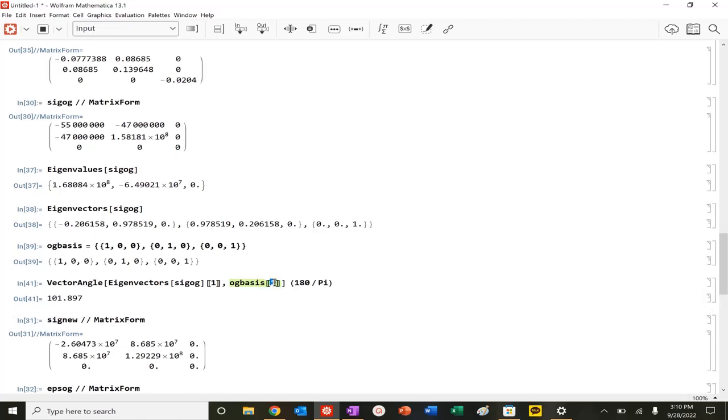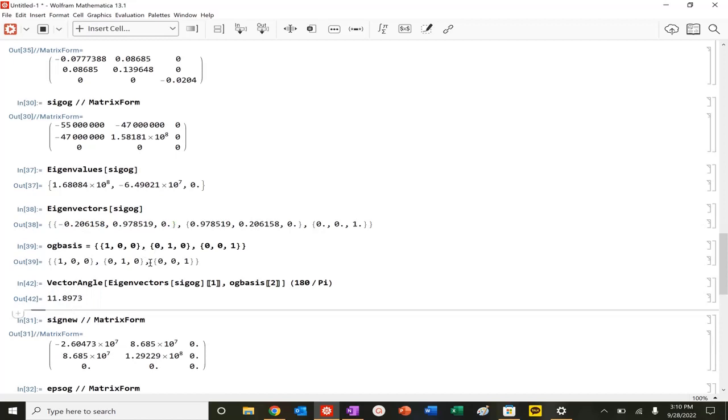One of the weird things that Mathematica does is it will switch the order of the eigenvectors relative to your OG basis, trying to arrange them from the largest value, so you may have to play around in here to see the angle.